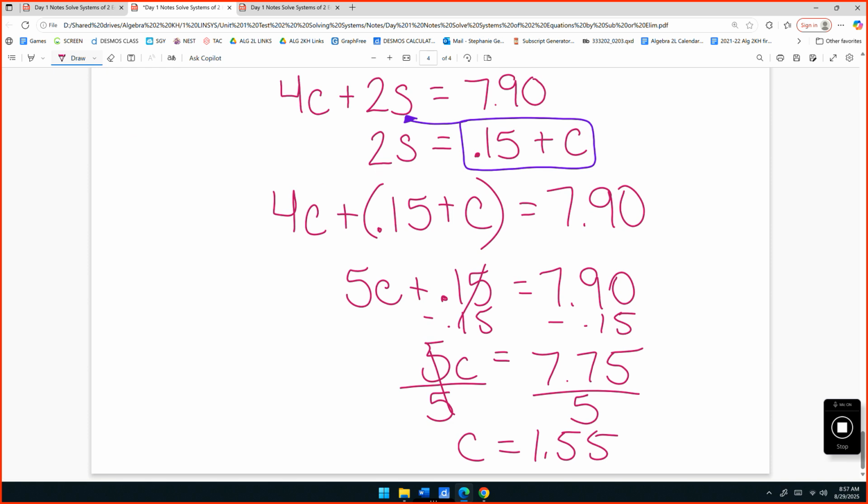I also need the cost of a shake, right? So I need to plug C into one of these equations. 2S. Yeah, maybe this one, because it's just 1C. It's less work. So I'm going to choose to plug into this equation. So 2S equals 0.15 plus C, which is 1.55.